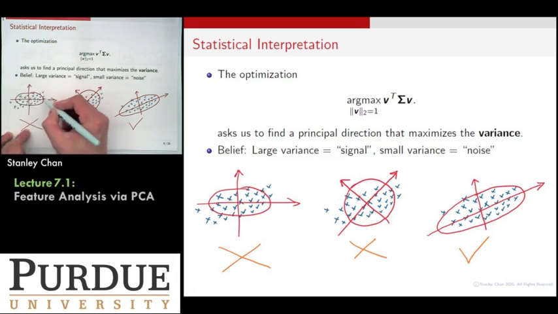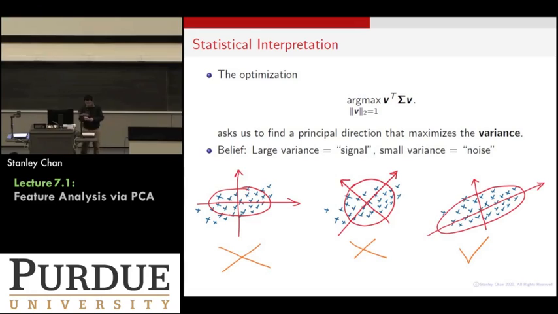If I pick this direction, let's say the horizontal direction, I ask myself, is the variance going to be maximized along this direction? And clearly it is not, because the maximum variance goes along this other direction, right? And therefore this is not the principal component, and this is the principal component, because now you're looking at a direction that has the maximum variance. By variance I mean the deviation from the center. So you want to have the biggest deviation from the center. So that's the statistical interpretation.